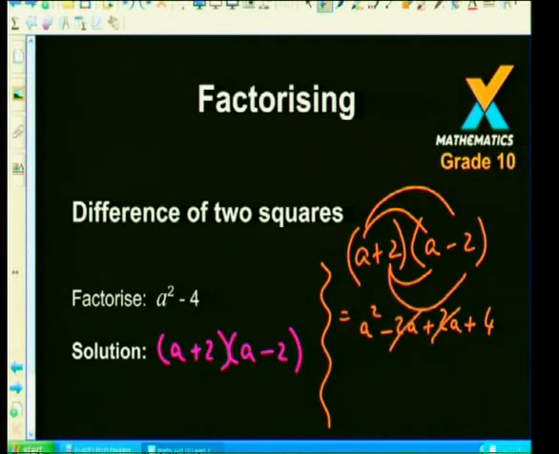The middle terms disappear, and we're left with A squared minus 4. Exactly what I started with. So as I said to you a few minutes ago, factorization and expansion are opposite operations. And you might like to double check yourself, just like I did.